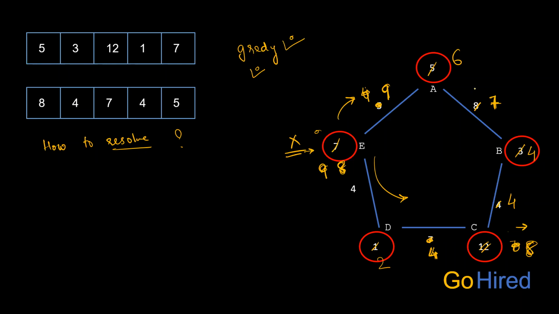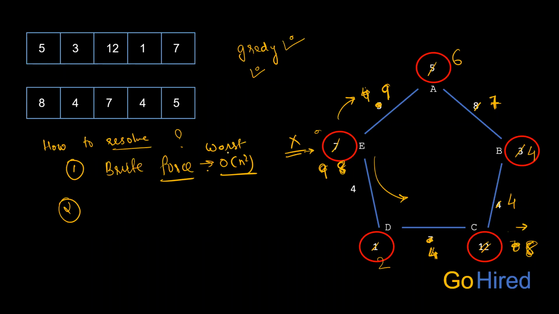Do we start and complete the circle in both directions? That is the first way, brute force. And the brute force will give us order of n square in the worst case.